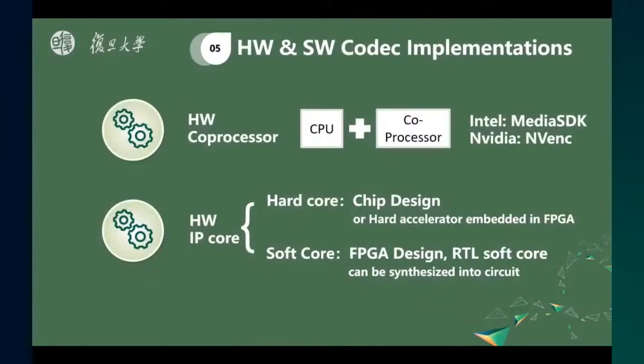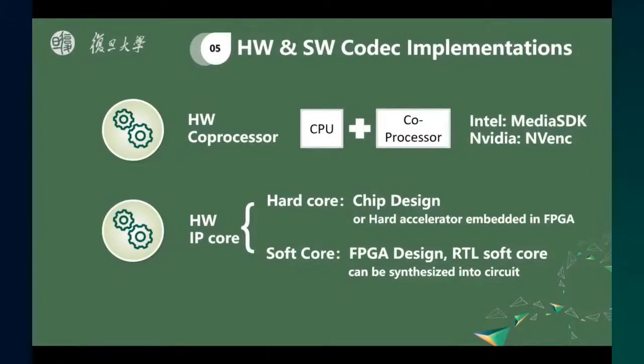For hardware designs, there are two approaches. The first is to use a hardware coprocessor. You can design a coprocessor with a CPU and use some specific instructions to accelerate the video coding process.